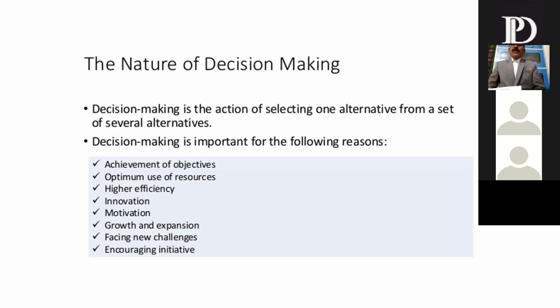Now growth and expansion: based on innovation and creativity in decision making, we obtain growth and expansion. Facing new challenges, the challenges are nothing but problems, and we solve problems by decision making only.